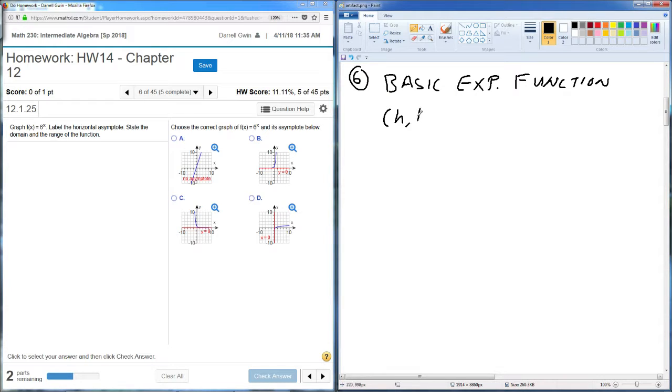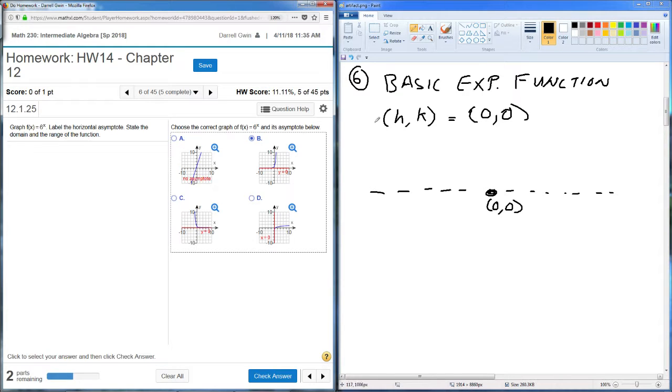You'll have an h, k of 0, 0 because there's no h or k, which means the horizontal dotted line, the horizontal asymptote, goes through 0, 0. So no asymptote, that's not it. The asymptote is right on the 0, 0, yes. That's a vertical asymptote, nope. And that one is good. It's going to be B, by the way. Now I'm going to t-table some points just to make sure.